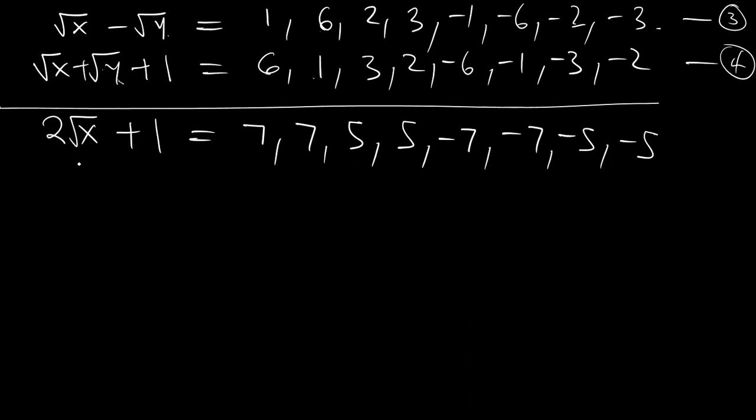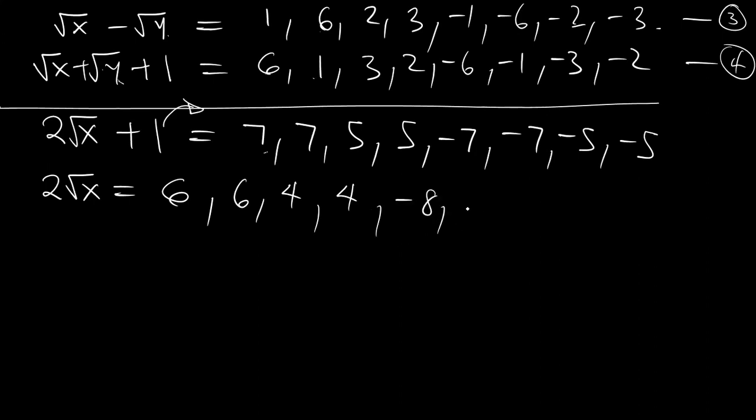Now, if you move this 1 to the other side, you now have 2 root x equal to, if you move it here, you have 6. If you move it here, it's 4. This one will be minus 8, minus 6.